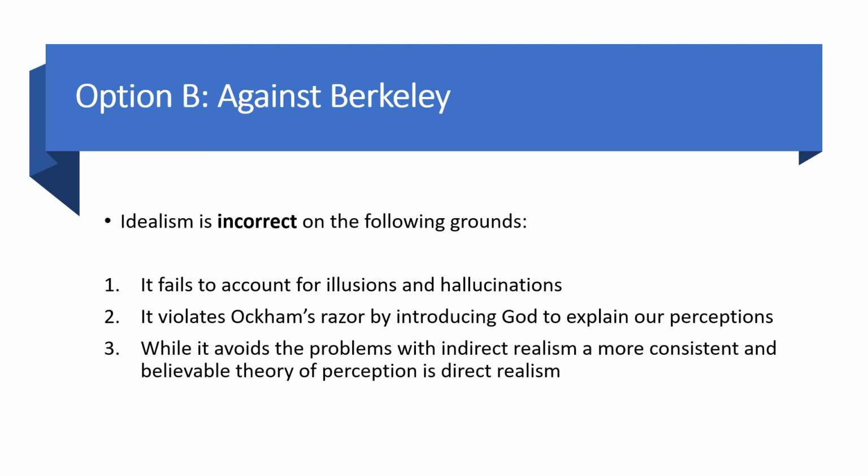And thirdly, we could say, well, while it avoids the problems with indirect realism, a more consistent and believable theory of perception is perhaps direct realism. And there's perhaps ways of arguing against idealism, going back to our initial more common sense theory here.